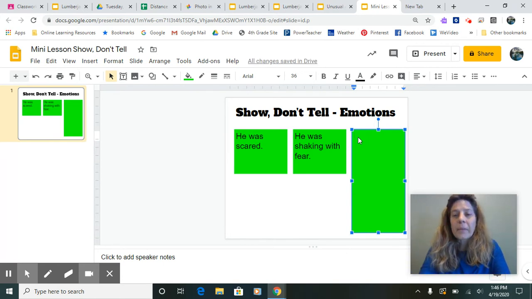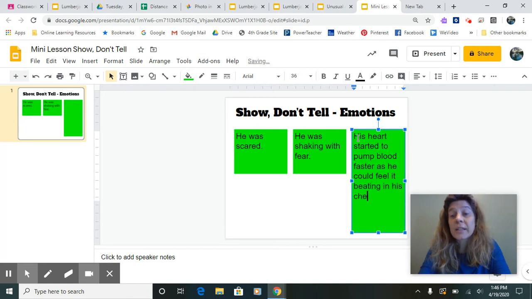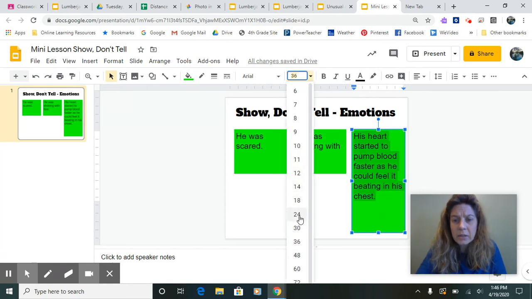So, his heart started to pump blood faster as he could feel it beating in his chest. I'm going to really run out of room again. I'm going to just shrink my writing a little bit here.